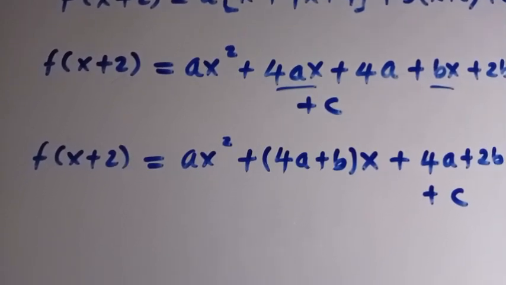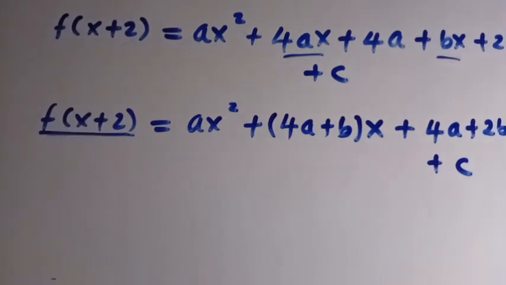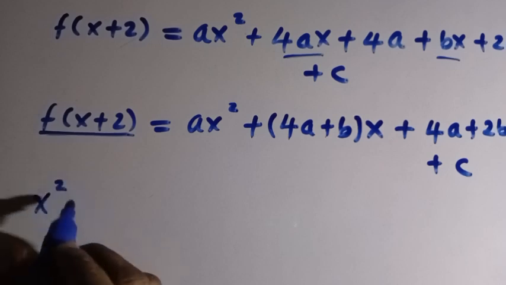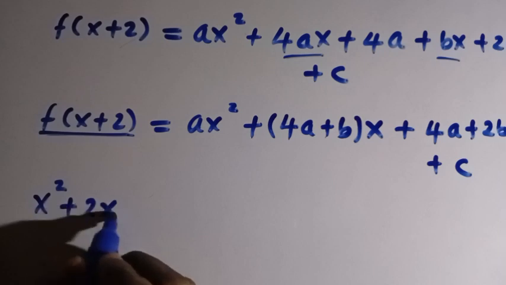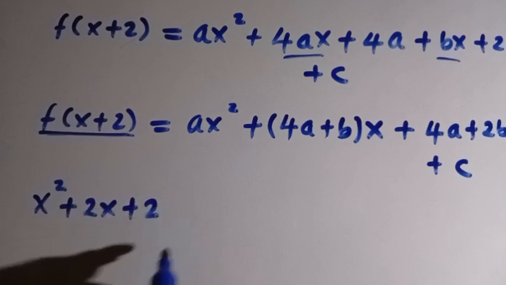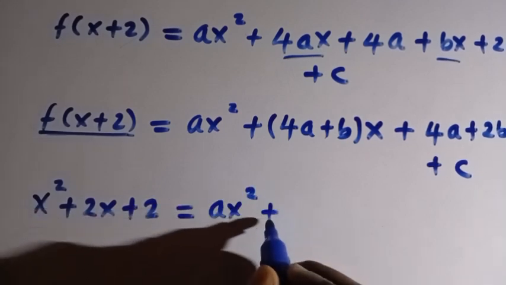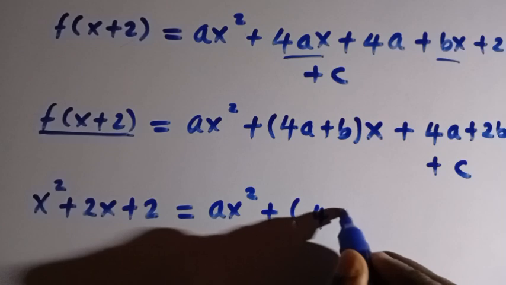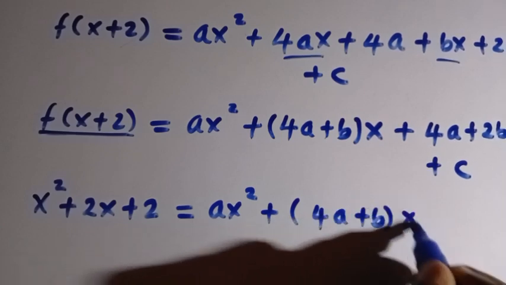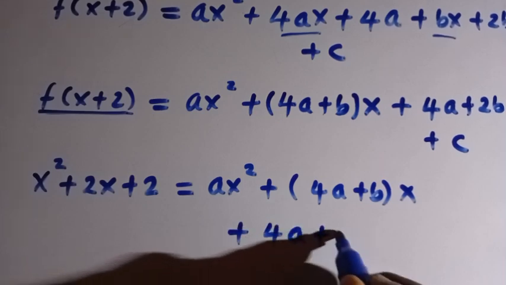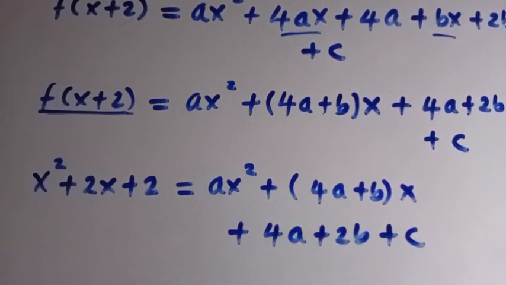The whole of this one for f of x plus 2, from the given question, is equal to x squared plus 2x plus 2. So when we replace this one, we have x squared plus 2x plus 2 equals ax squared plus 4a plus b multiplied by x, then plus 4a plus 2b plus c.